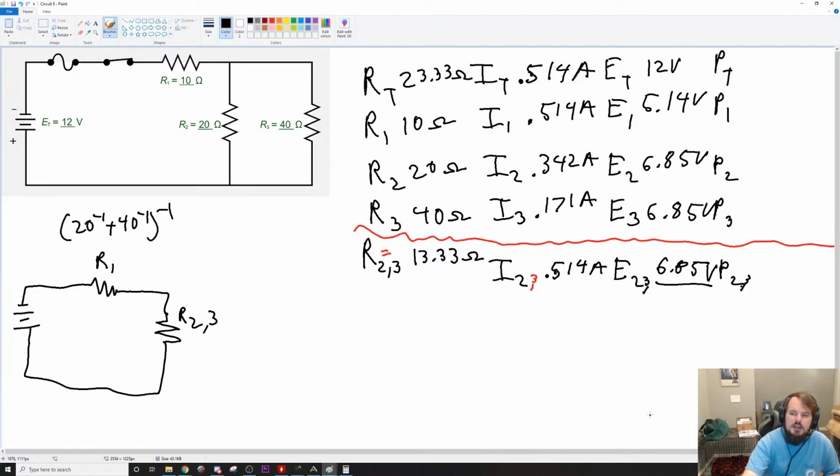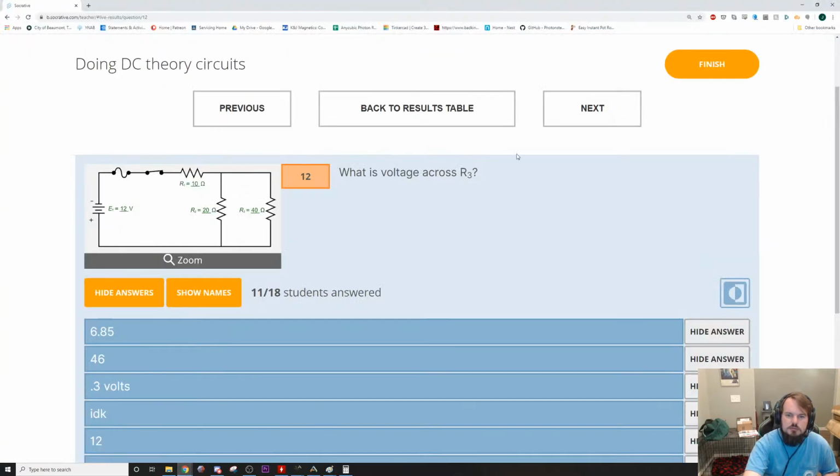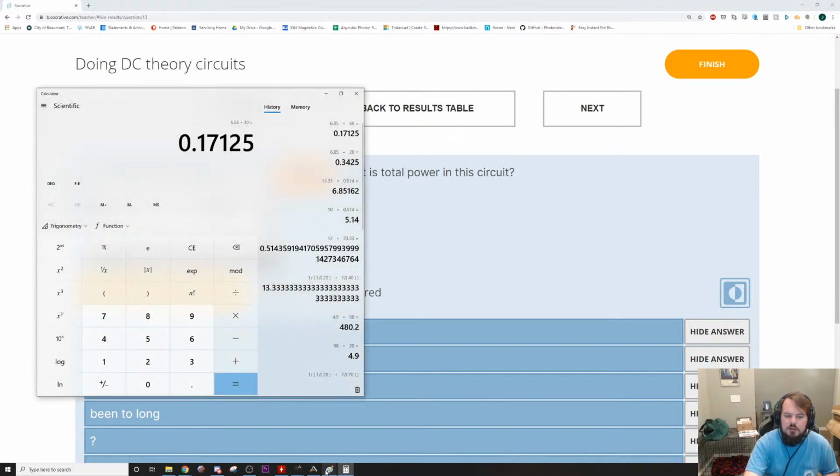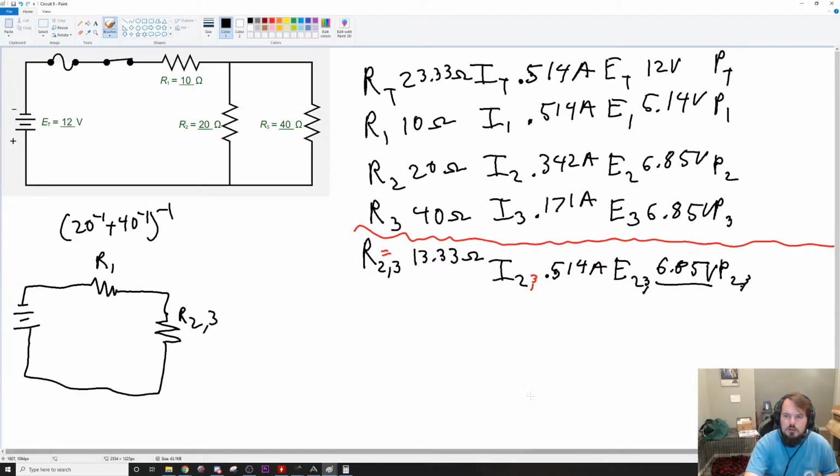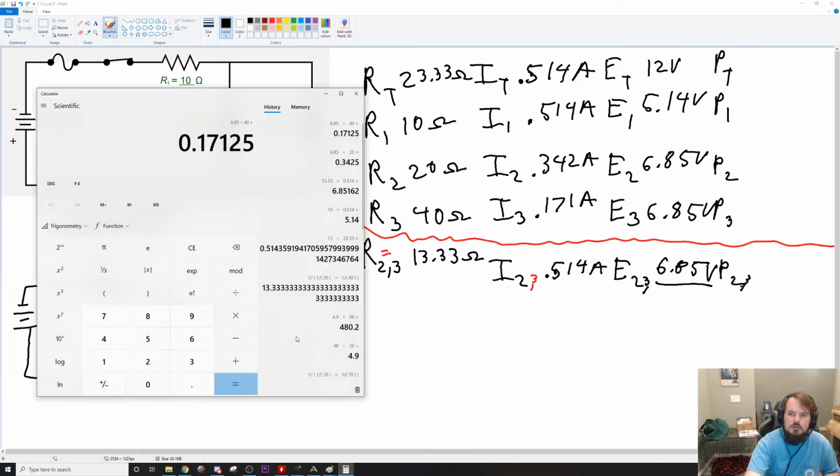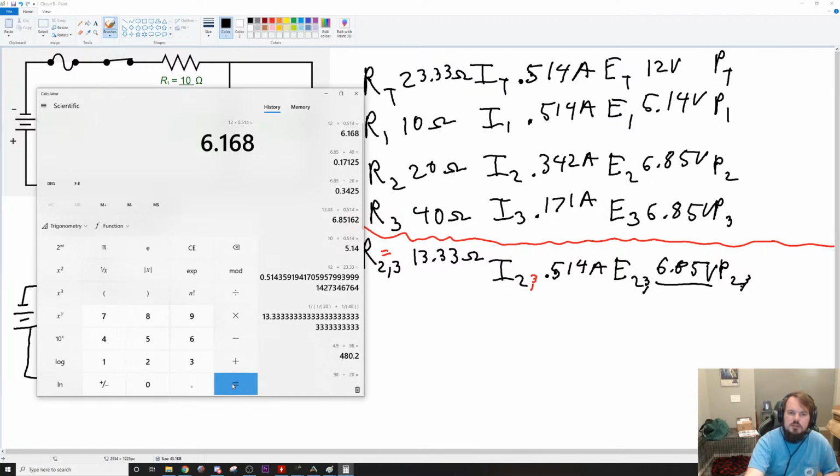All right, and now we can just multiply across to find power. Okay, we do need to find power. 5.14 times 0.514, 6.16.